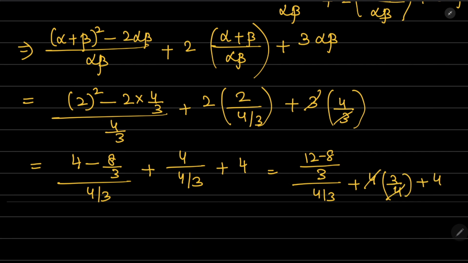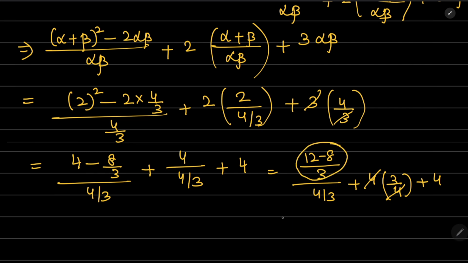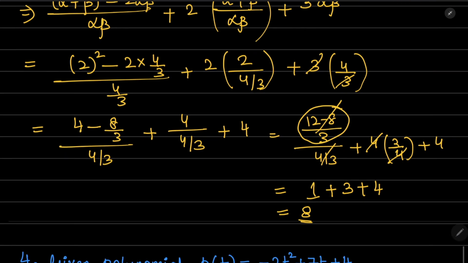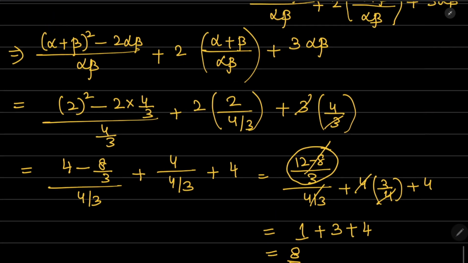So 4 gets cancelled. This is nothing but 8. I can replace this 12 minus 8 by 3 as 4 by 3. So 4 by 3 will get cancelled. So the first term will be 1 plus 3 plus 4. So 4 plus 3 is 7, 7 plus 1 is 8. So the final answer is going to be 8.